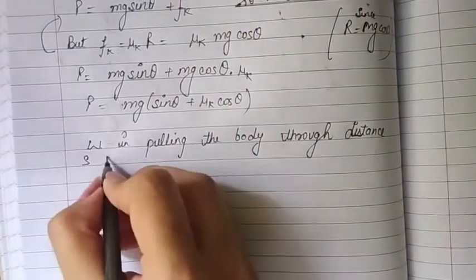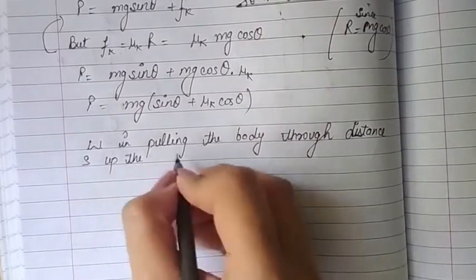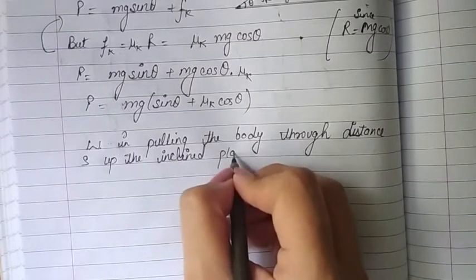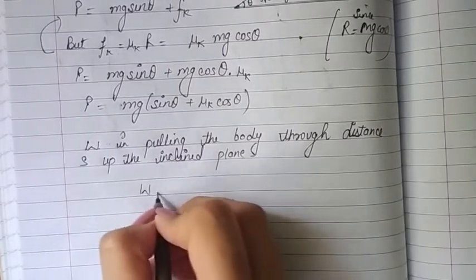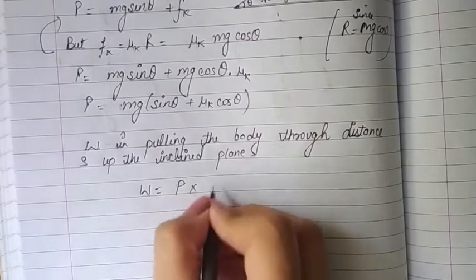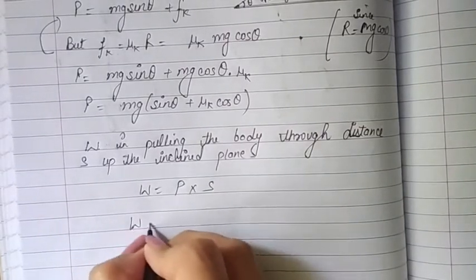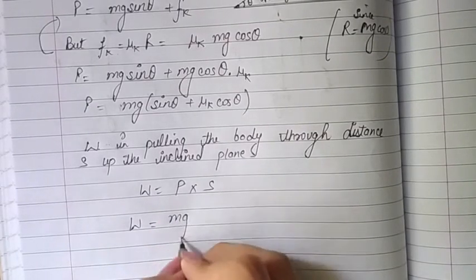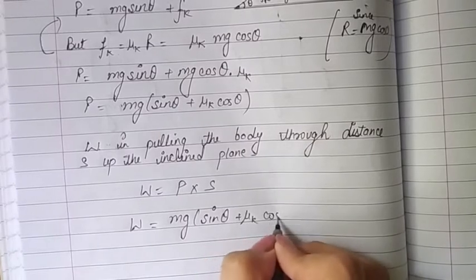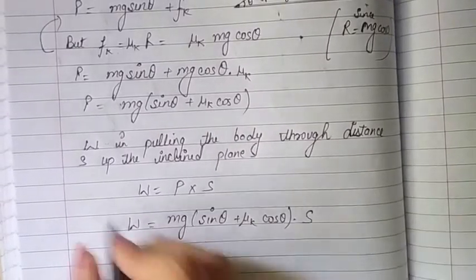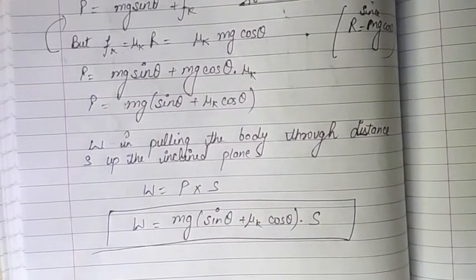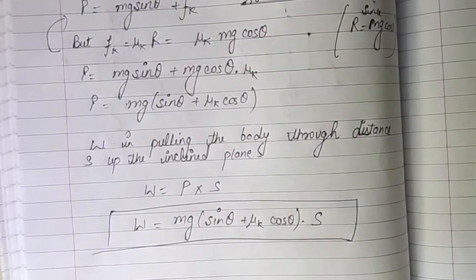W is equal to force into distance, that means P into S. So W is equal to mg times sine theta plus mu k cos theta, into S. This is the required value of work done in the case when the body is moving up an inclined plane.